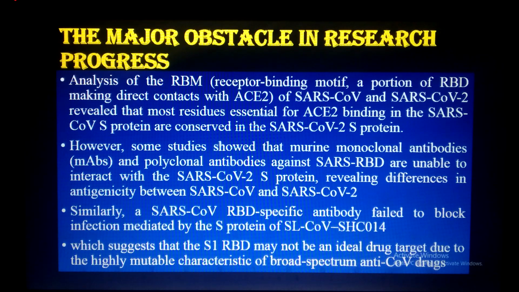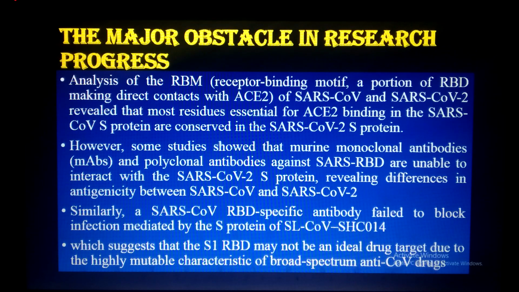It means the antigenicity of SARS coronavirus 1 and SARS coronavirus 2 is different. Is it clear now? How and why? I'm giving you the question as well as the answer by this explanation. Now the concept is clear.